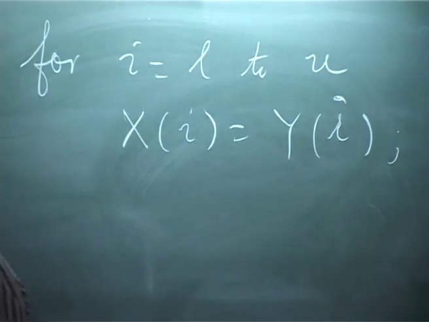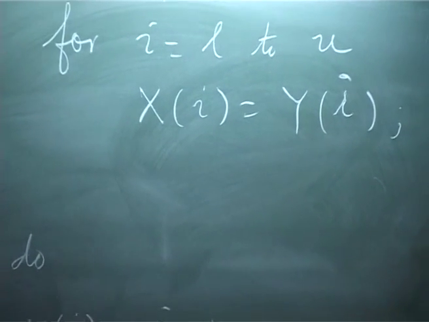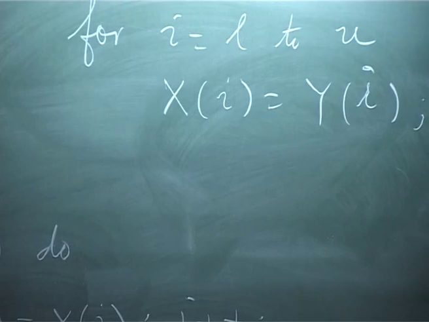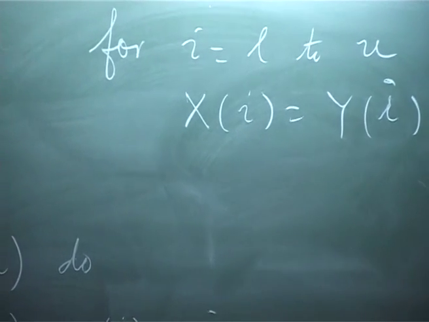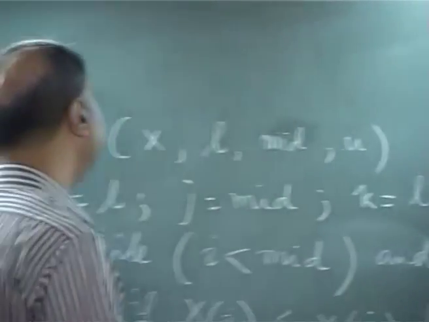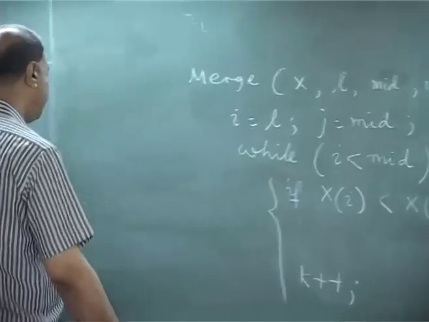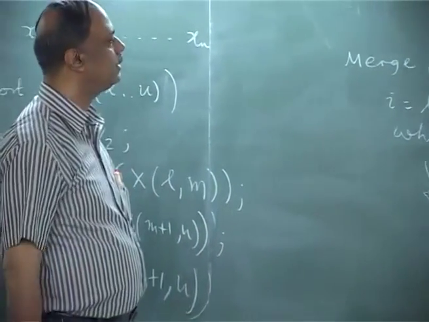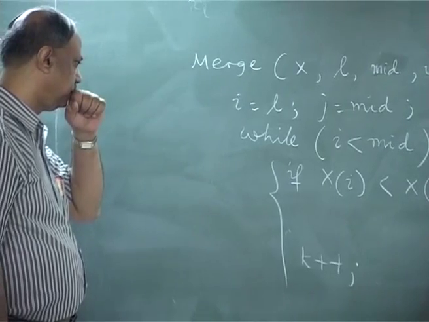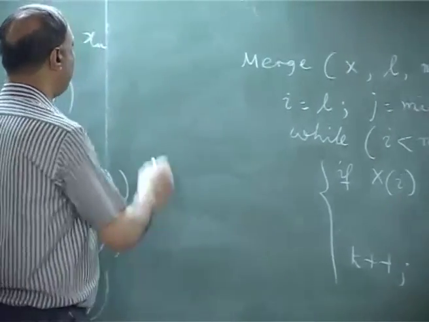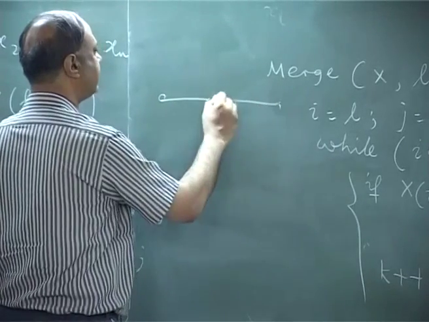Okay? So then the result will be stored back to x. Now if I have to find out the complexity of this algorithm, you observe that the worst case scenario could be that you have this subsequence and this subsequence.